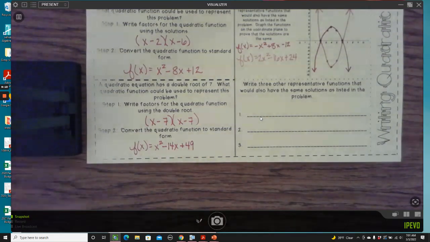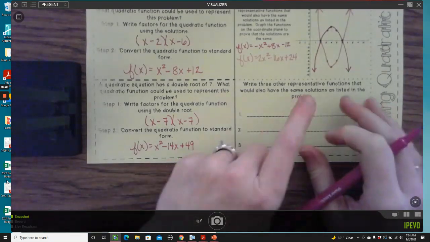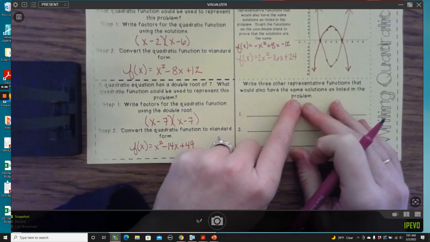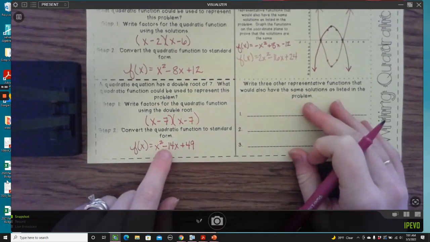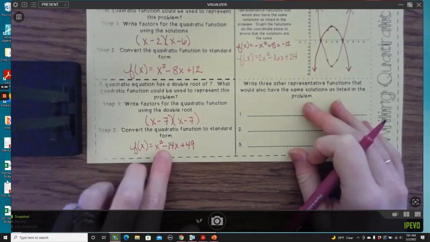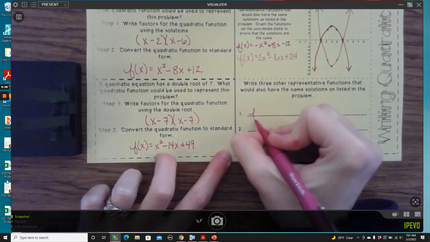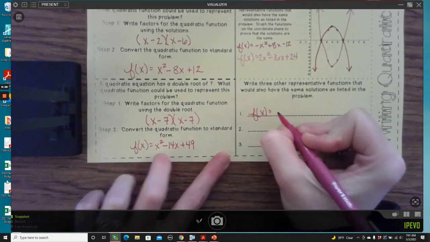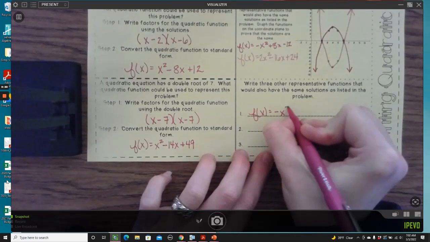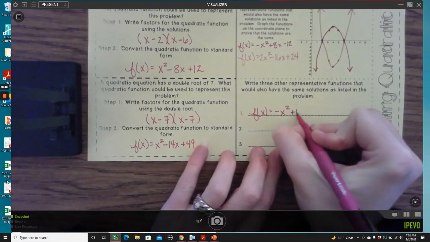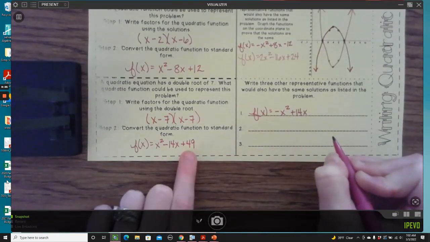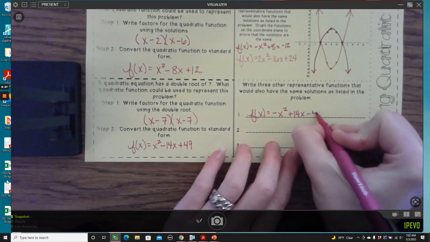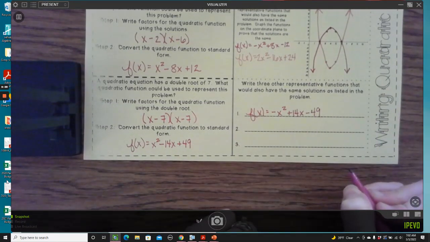Now, same thing with solutions. There are multiple quadratic equations. So I'm going to write 3 other representative functions that would also have the same solutions. So first thing I'm going to do is I'm going to multiply all this by -1. And what that does is it just changes the sign. So x squared becomes -x squared, -14x becomes positive 14x, positive 49 becomes -49.